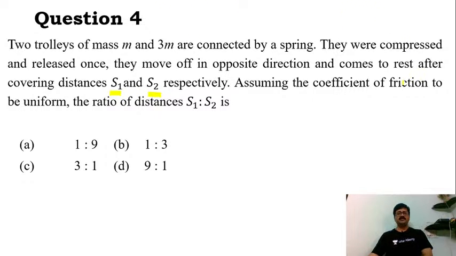Assuming the coefficient of friction to be uniform, the ratio of distances s1 to s2 is, okay. Very beautiful question it is, very interesting question. Now let me just move on with the solution to this question.